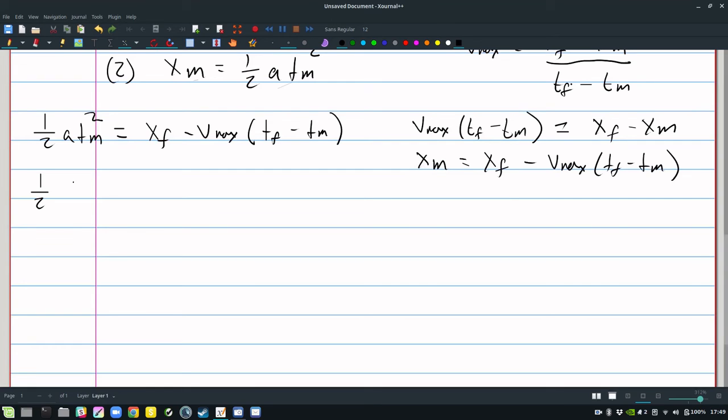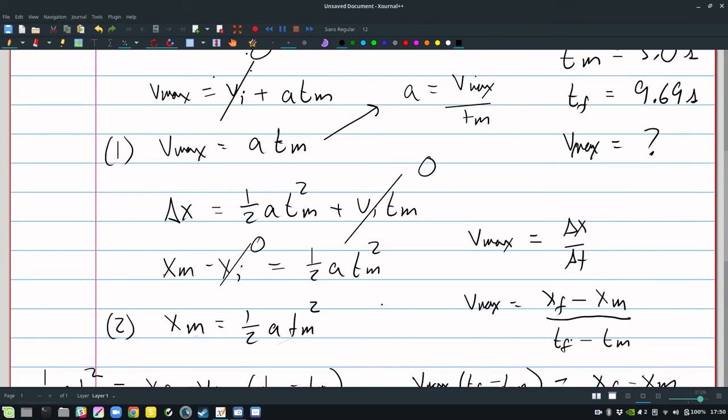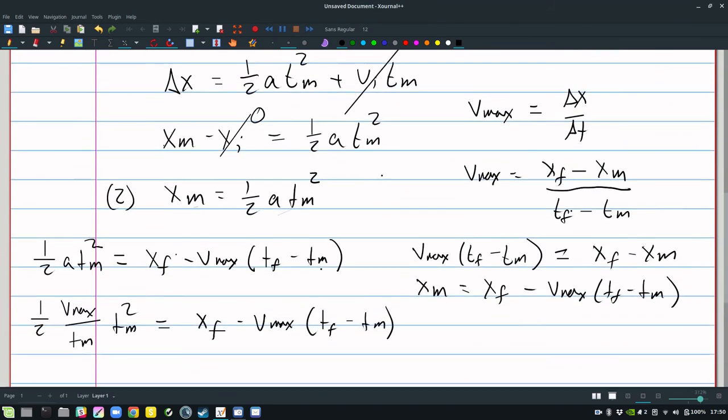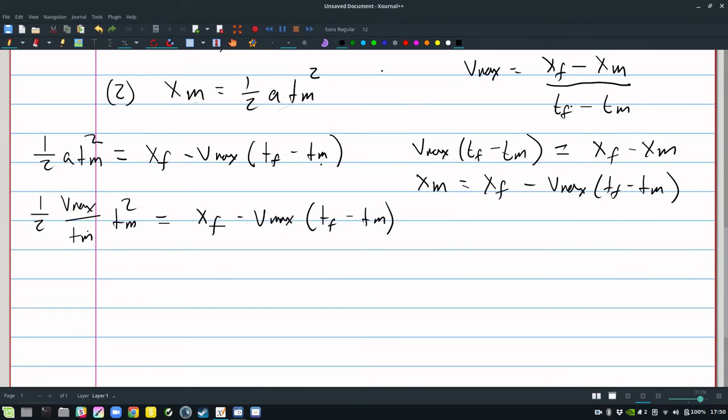So 1/2 v max over t middle times t middle squared, and that's equal to xf minus v max times the quantity of the final time minus the middle time, right? So once again, a is v max over t middle. We've just substituted that for a. A is now gone.